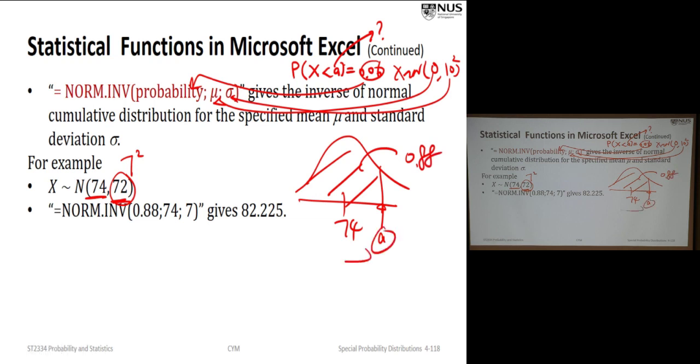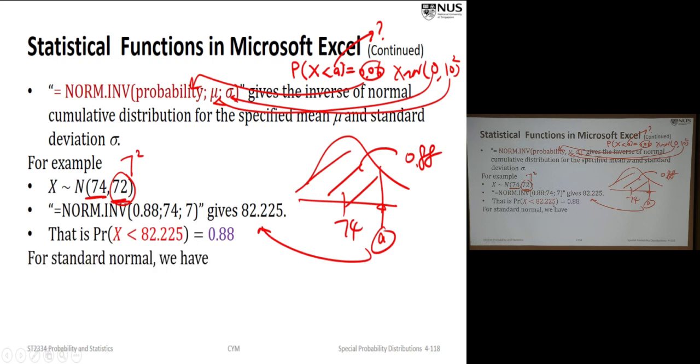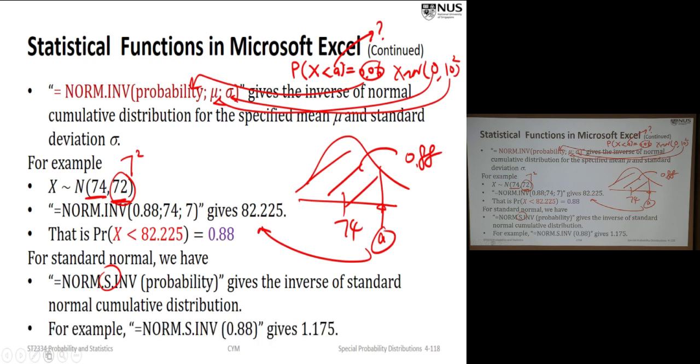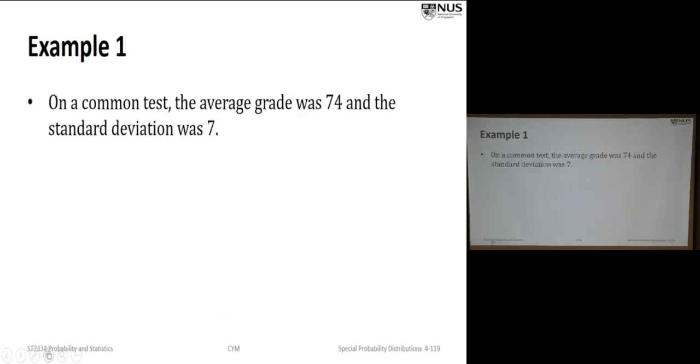This turns out to be 82.225. All right, so that's what it means. Again, with the dot S dot, that will give you the standard normal equivalent. All right. So let's look at some examples.